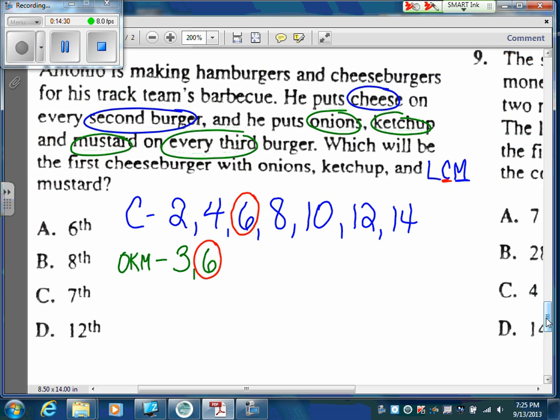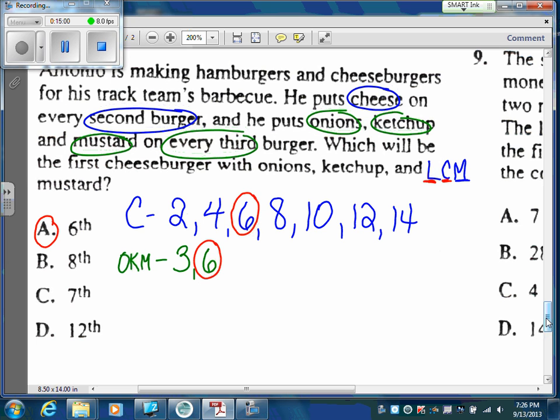Well, if I kept going, I'd have more of the same. But least tells me I need to find the first number that is the same between these 2 multiples. My 6 is the least common multiple of the cheese, onion, ketchup, mustard burgers. That's when they had all of that stuff on one burger.